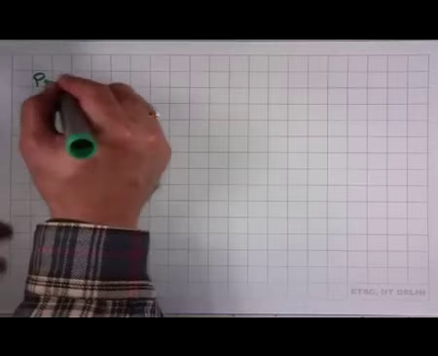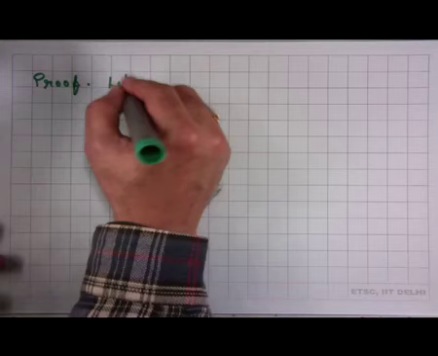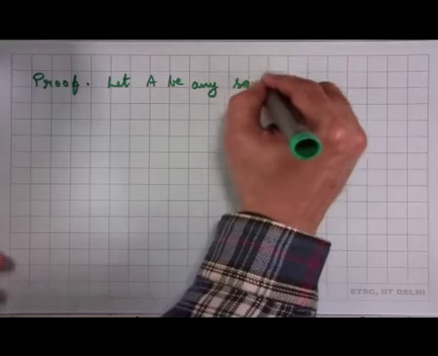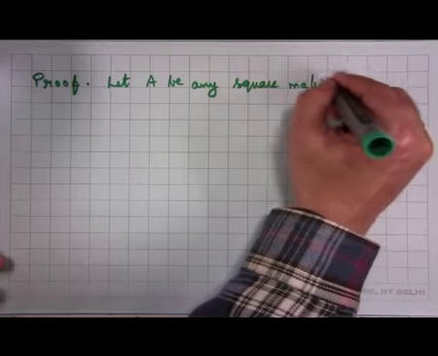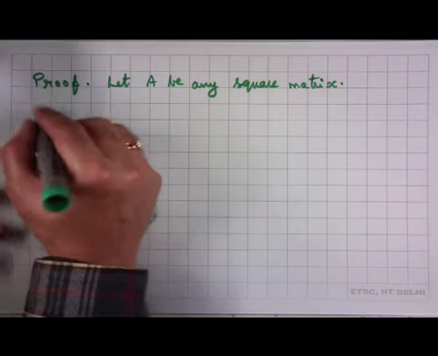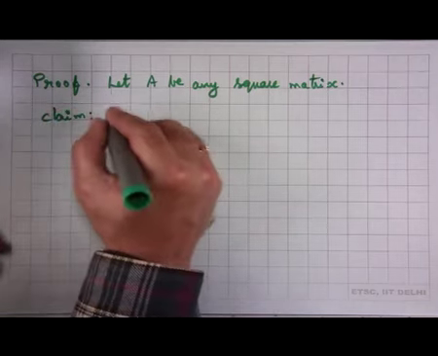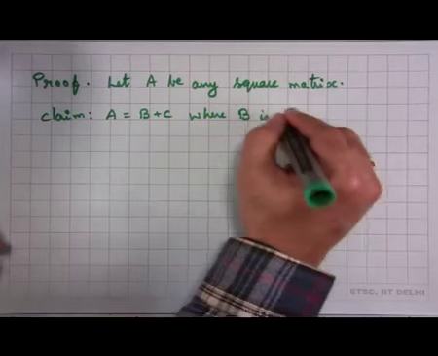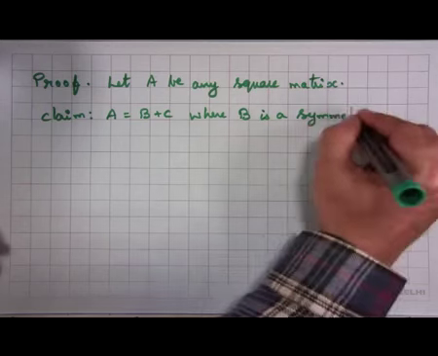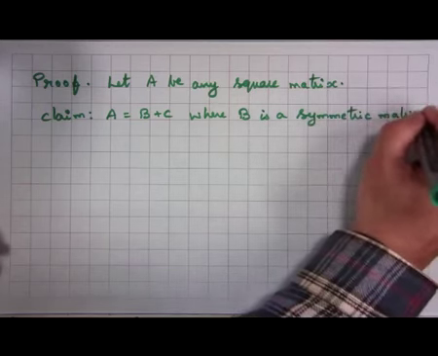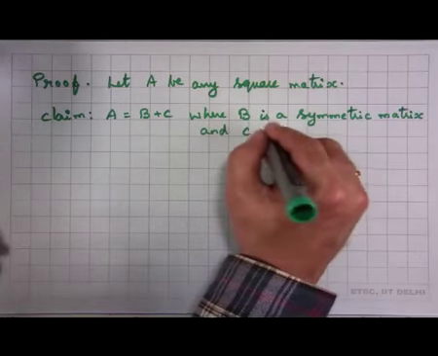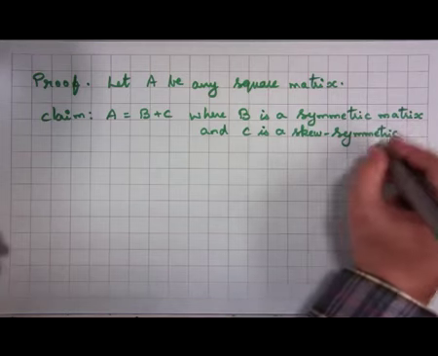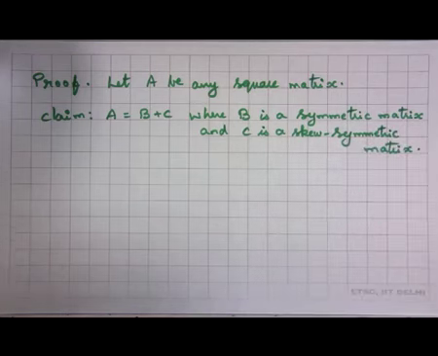Well, so let A be any square matrix. So the claim is that A equal to B plus C, where B is a symmetric matrix and C is a skew symmetric matrix, right.